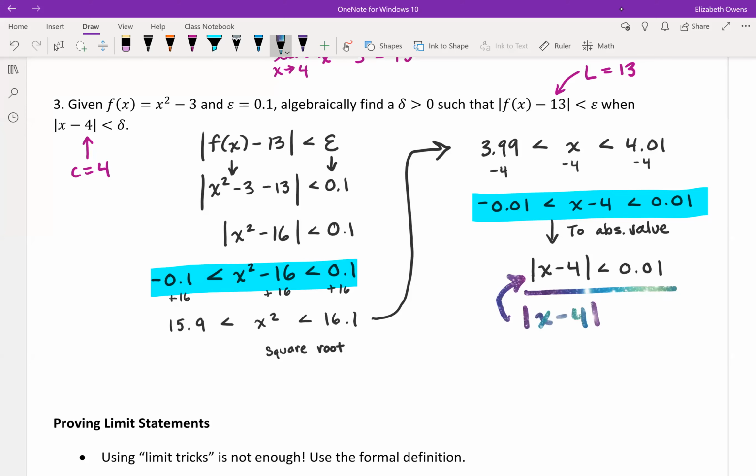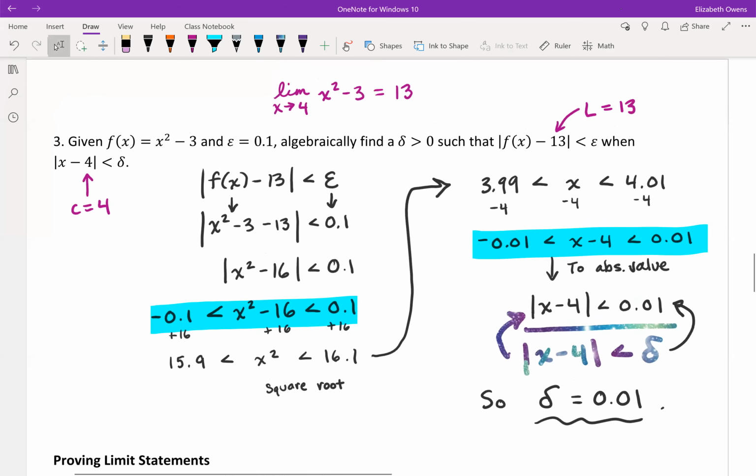X minus 4 less than delta. So delta has to be this 0.01 right there. And we found the delta for this. We didn't even have to use a graph.